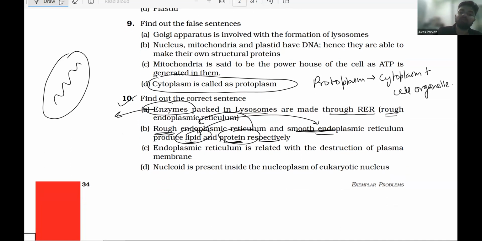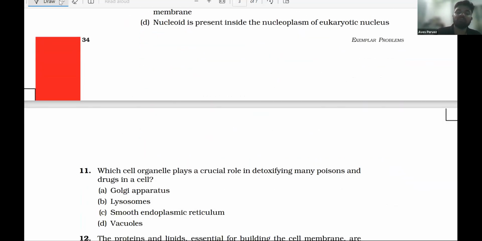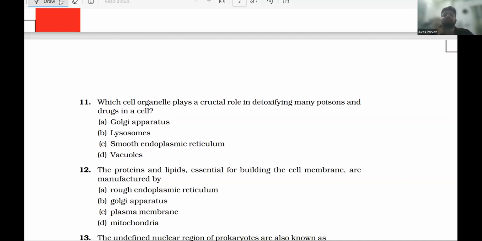Got it? Yes, sir. Question number 11. Munir, what is the answer? Which cell organelle plays a crucial role in detoxifying poisons and drugs in the cells?